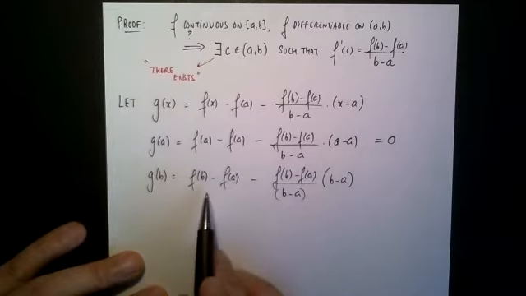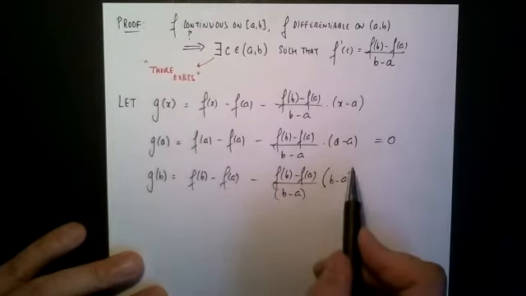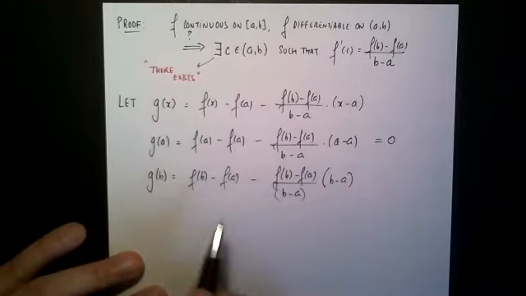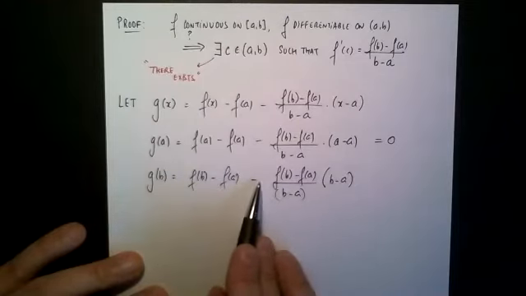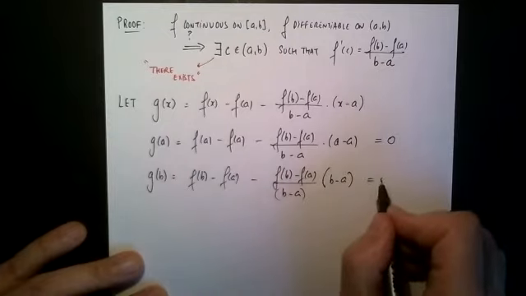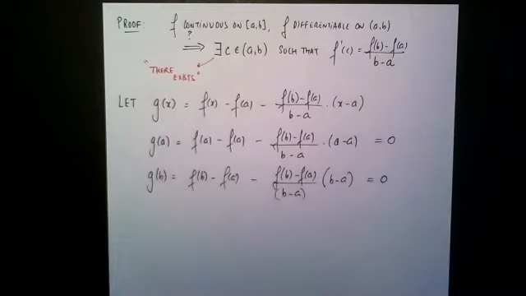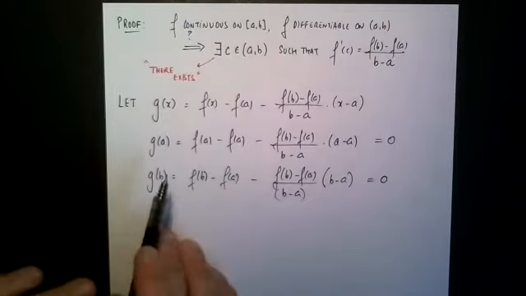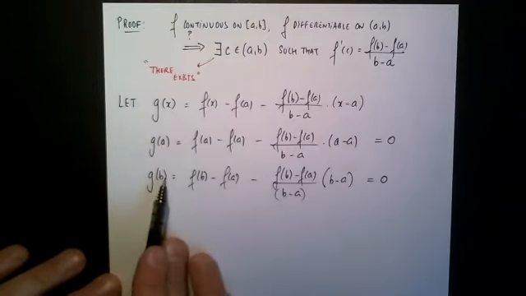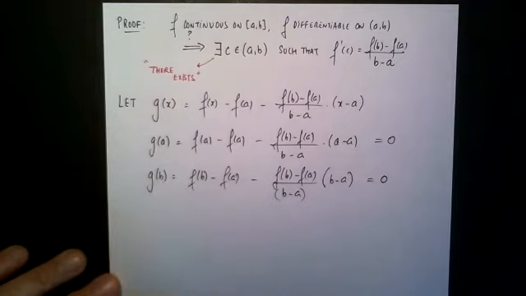These will cross out, and you'll have f of b minus f of a minus f of b plus f of a. You'll have 0 again. So my function g has the property that g of a is the same thing as g of b. They're both 0.